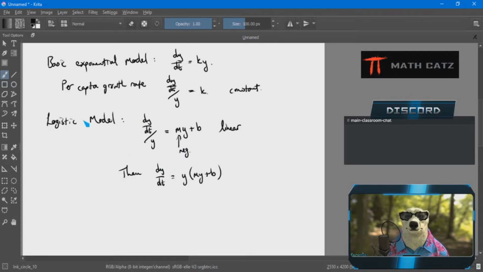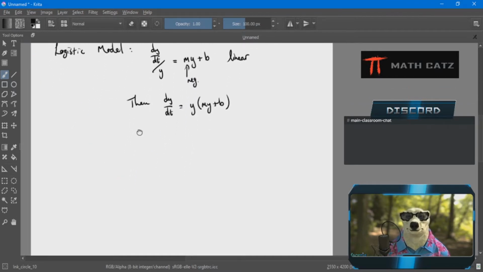Now our other view, let's say here, is to say that the basic exponential model was the growth rate proportional to the population size.